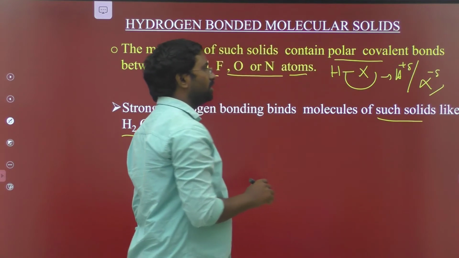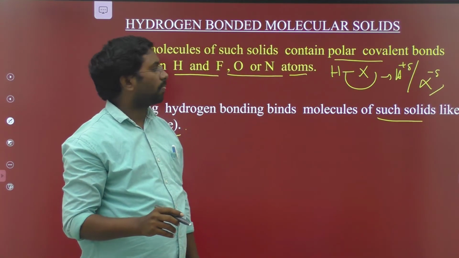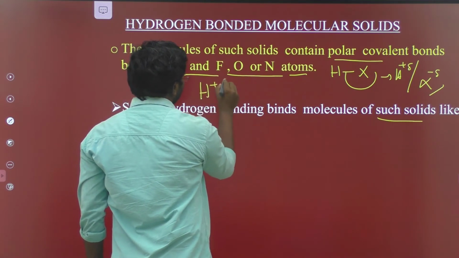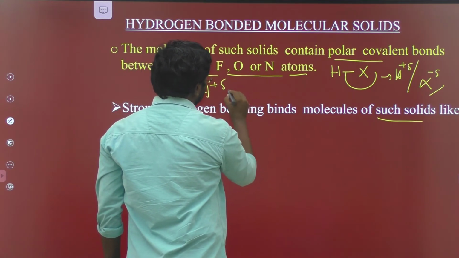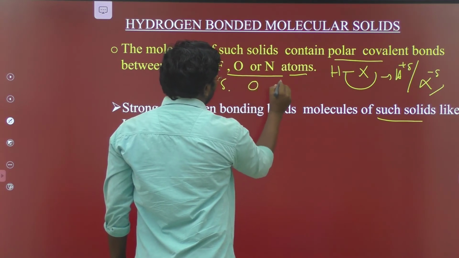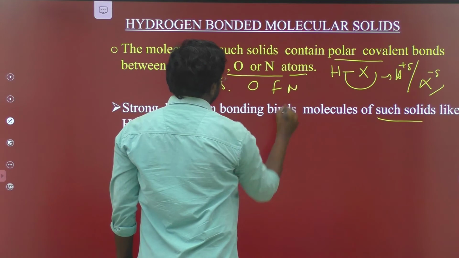This partially positive hydrogen atom attaches to another highly electronegative atom like oxygen, fluorine or nitrogen.